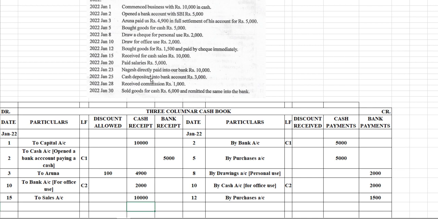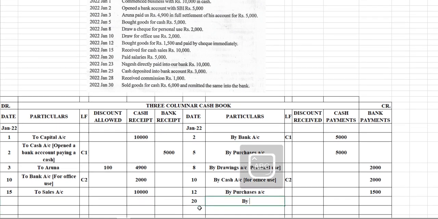On January 28th, paid salaries. They have not said about a bank, so we are considering it is a payment in cash. Okay. On January 20th, by salaries. How much? 5,000 is paid.